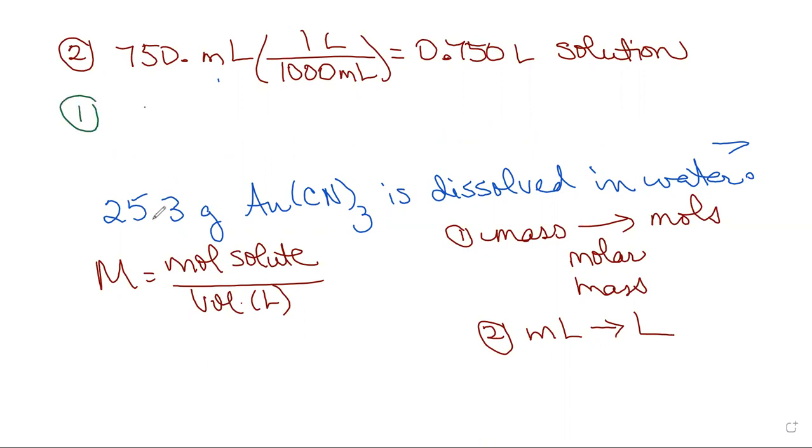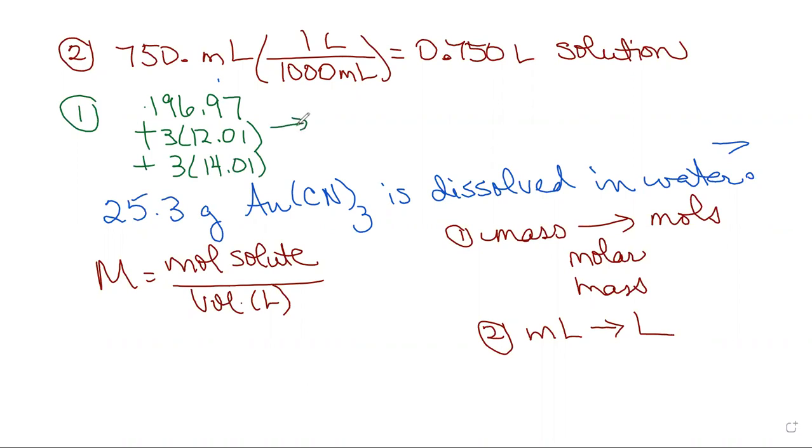Okay, so we can actually convert mass to moles. So the molar mass of gold is what? 196.97. Plus, for the carbons, I have 3 of them. So 3 times 12.01, and 3 nitrogens, 3 times 14.01.